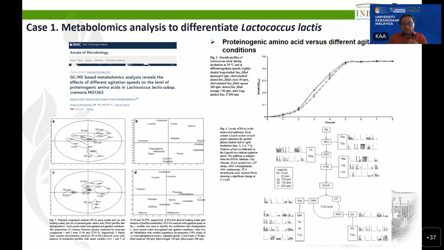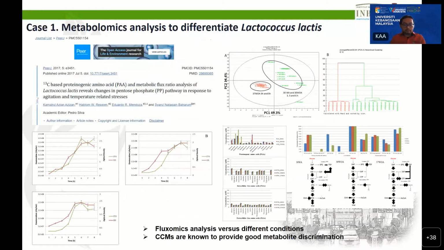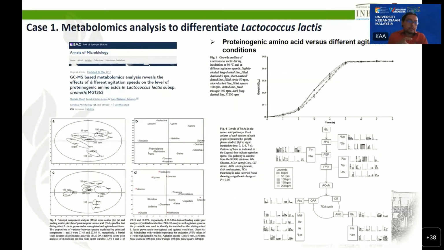From here, we found there are huge differences, especially for the amino acids, and we managed to separate these metabolites based on these agitations. We found that Lactococcus grown at 150 RPM shows strong metabolic changes, especially in the proteinogenic amino acids.